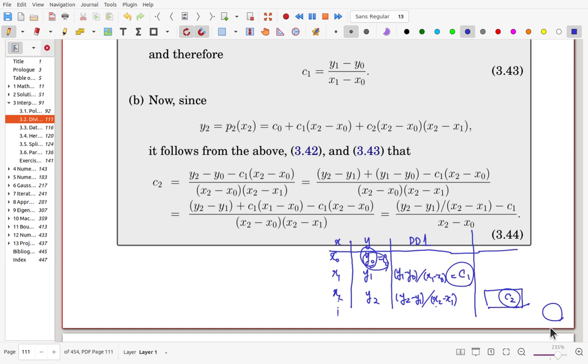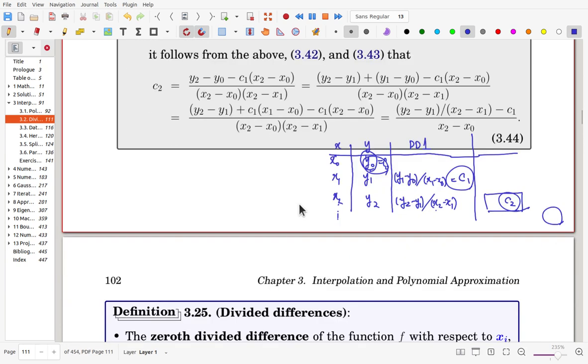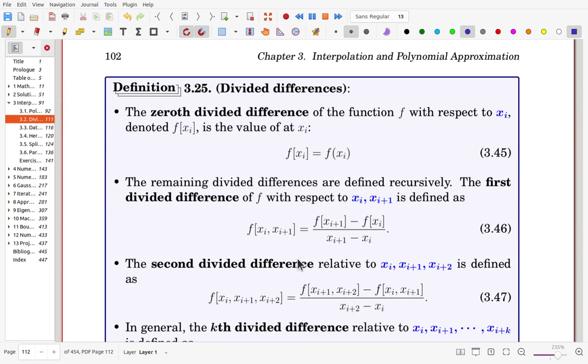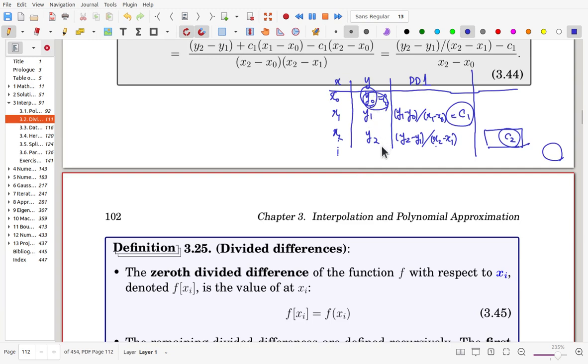To show this table construction, we did some algebraic manipulations. Now we officially define divided differences. The zeroth divided difference of function f with respect to xi is denoted by f[xi], that is f of xi. So this column is the zeroth divided difference terms.